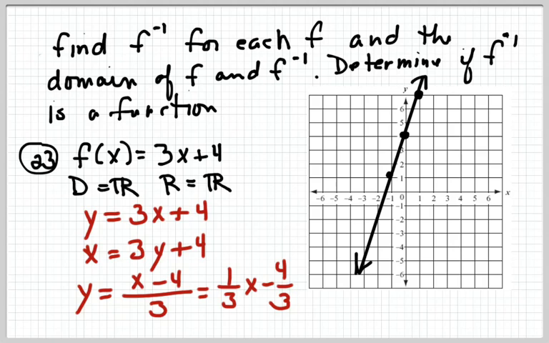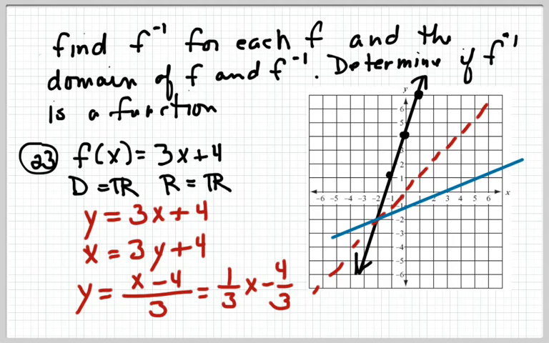Well, let's go ahead and sketch in this inverse. Hopefully you could tell at this point that the inverse is a function. Okay, and because of symmetry, or the reflection about that line y equals x, it's pretty easy to draw this one.